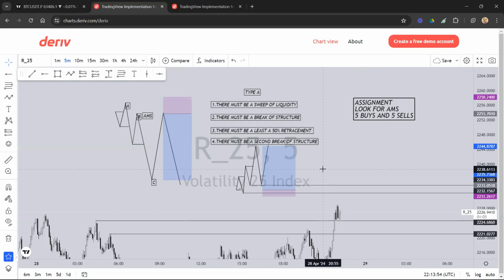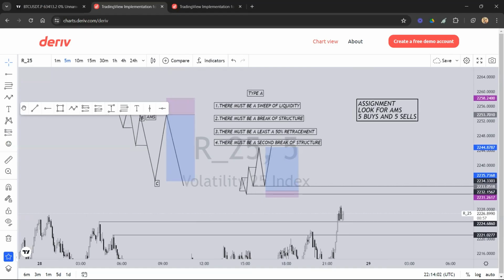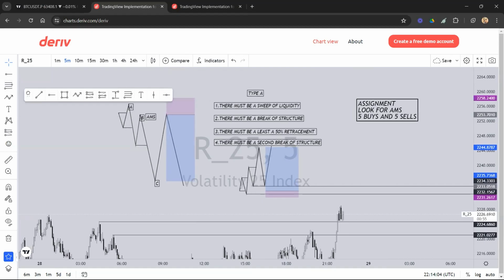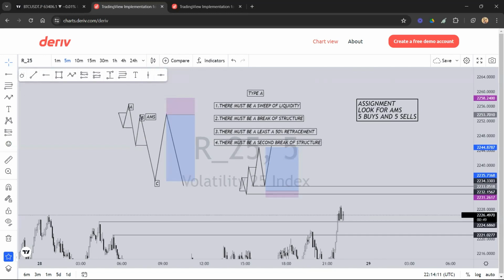Yeah, the pairs I have in my synthetic are Boom and Crash, then Jump. Add volatility. Volatility is what we use to grow small accounts. Why I don't trade Boom and Crash, I'm not discouraging you, it's just my preference. Boom and Crash is expensive.